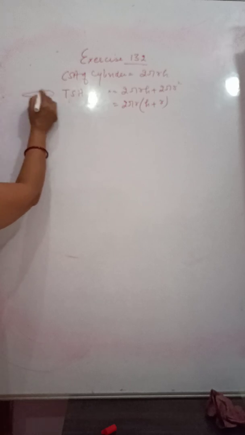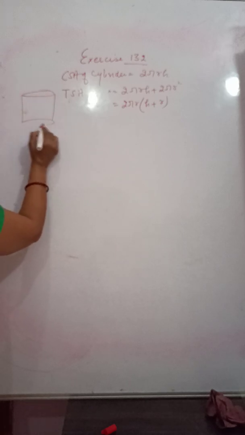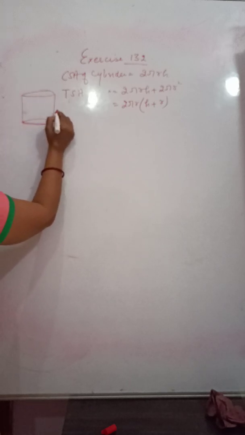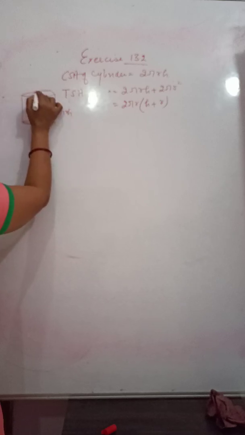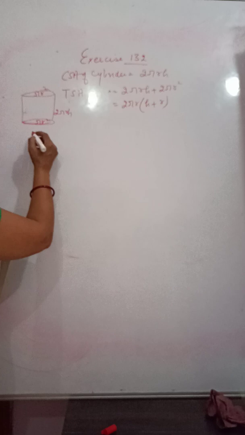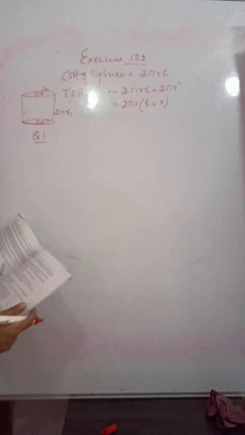This is a cylinder, its curved surface area is 2 pi r h, plus pi r square of the bottom, pi r square of the top. It becomes 2 pi r square. Clear? Come to question number 1.